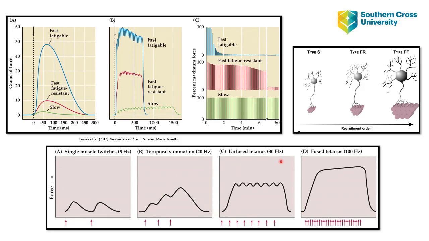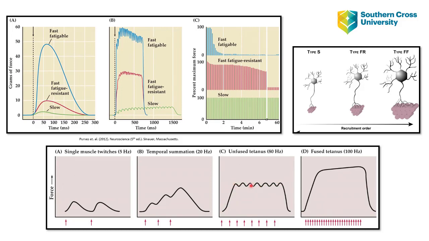Then if we look at unfused tetanus at about 80 hertz, it's different depending on particular motor units, but this is just a generalization and a way of illustrating the concept. At 80 hertz, 80 times per second, what's happening is that we recruit all the way up and we get to this plateau in force.